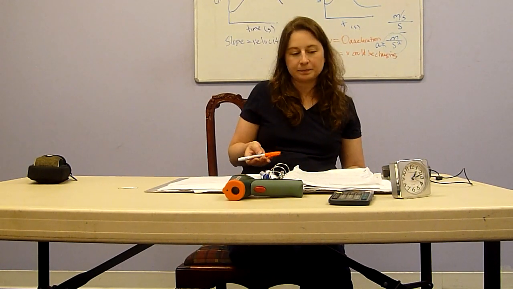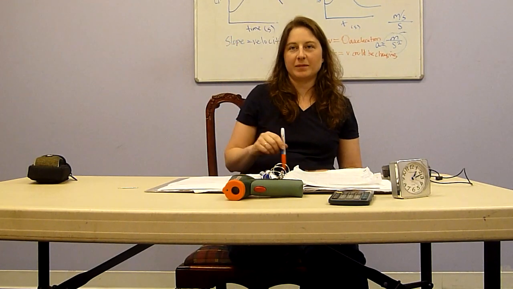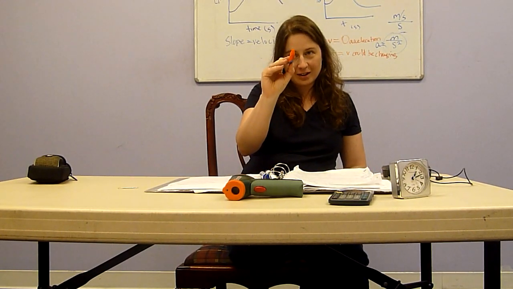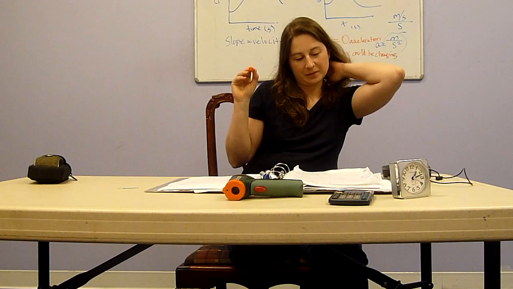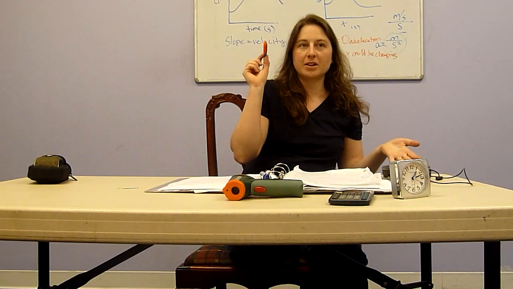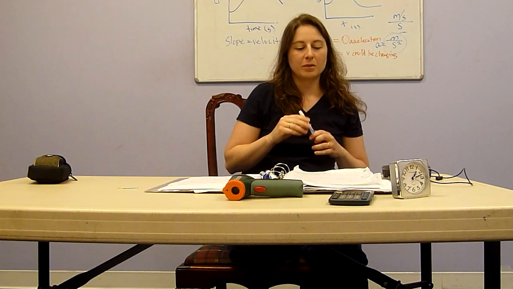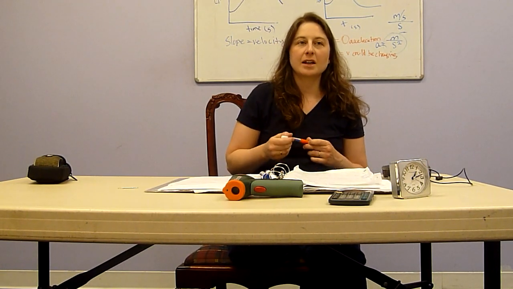This pen, let's say I throw it, which I won't. And let's say it travels in a straight line with zero acceleration, because once it leaves my hand, nothing's accelerating it. We're ignoring air resistance. Is it in an equilibrium situation?